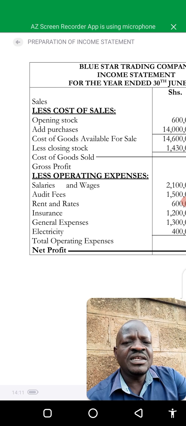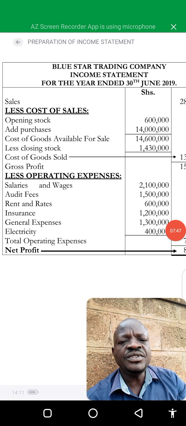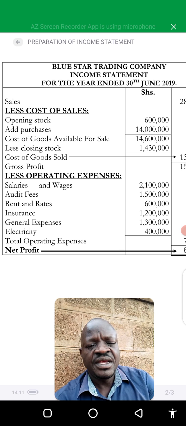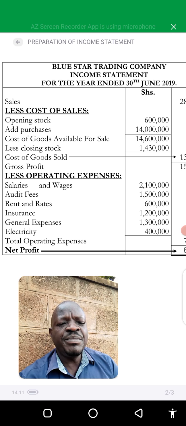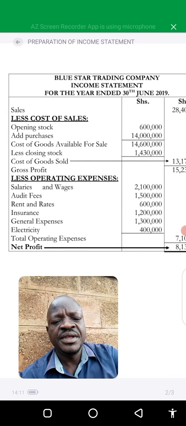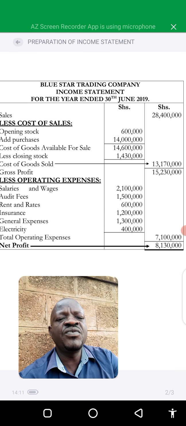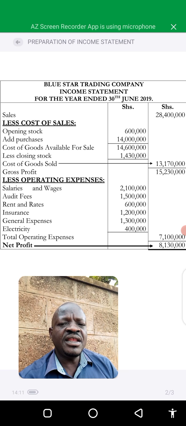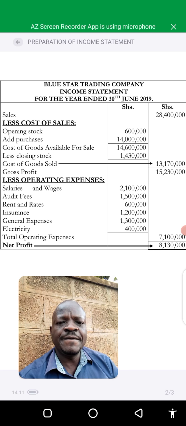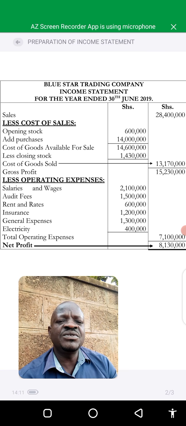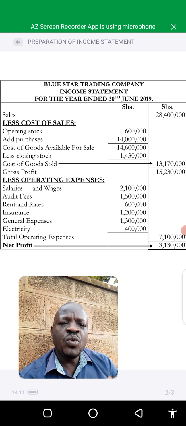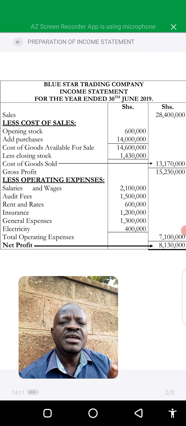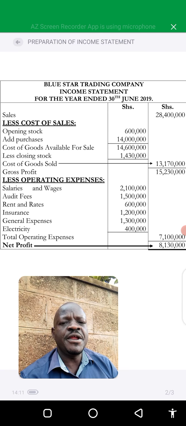Now, when we look at this, we can see our question, the way we are preparing the income statement. When we prepare an income statement, there are certain principles we follow. And that's how we are going to write an income statement heading. The first one is going to be the name of the business. Which business are you preparing the income statement for? Here we say Blue Star Trading Company.